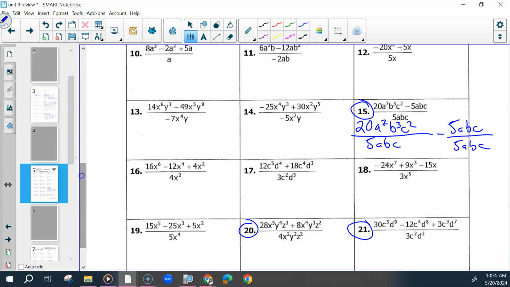And then we're going to divide each piece using our exponent rules. Actually divide the numbers, subtract the exponents. We have 4a to the 6, b squared, c minus 1. And that would be your final answer.